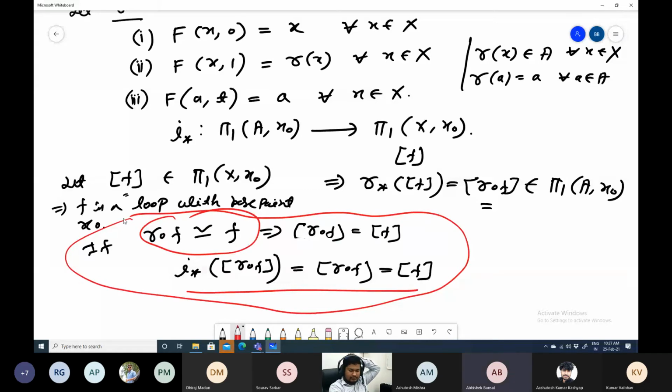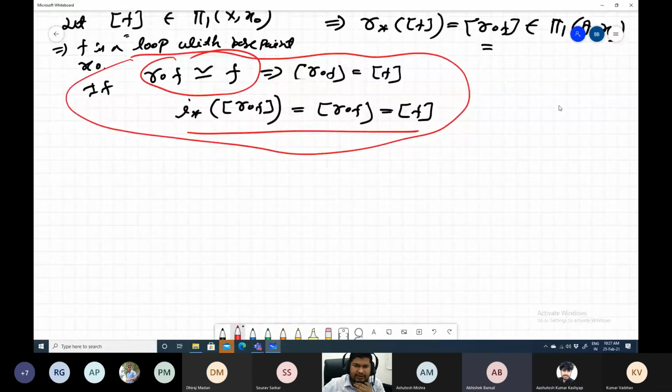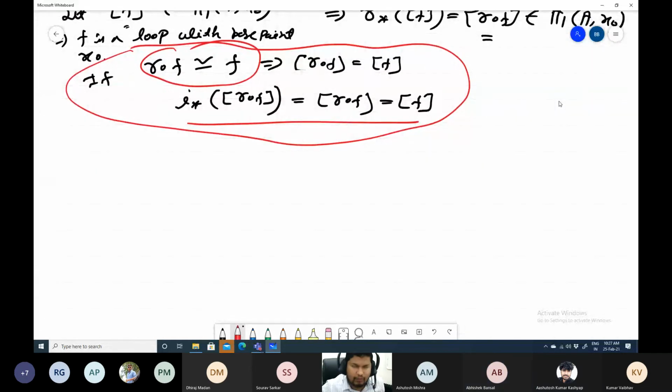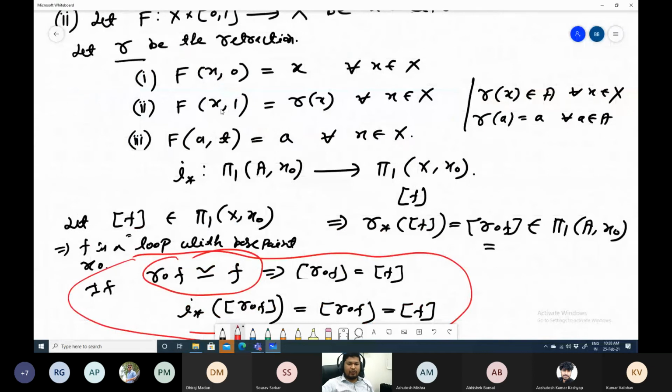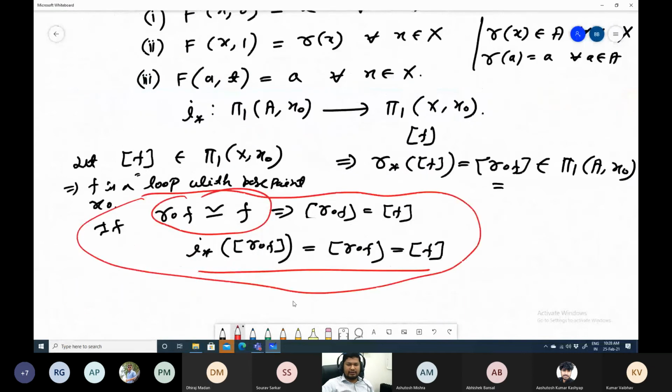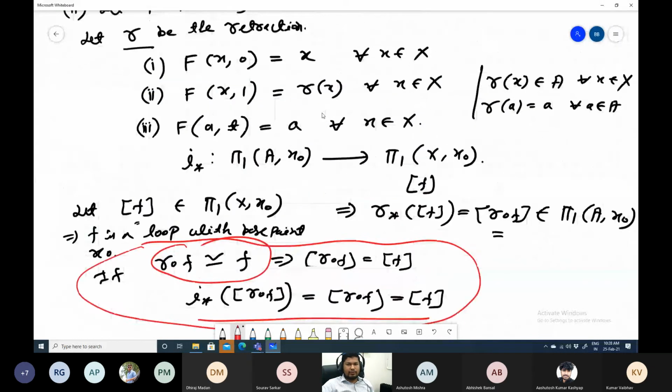Yes, okay. Now this is the simple idea. We will use this map F. First of all, see what this F is. This map is already almost defined.